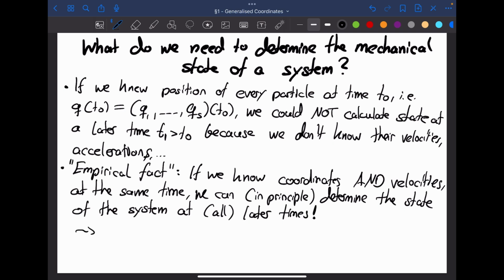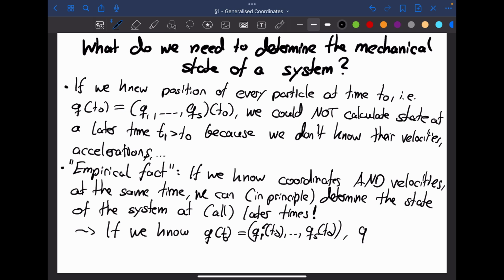So what this means is, if we know q of t, which again is like, let's say t0, which is like q1 of t0 up to qs of t0, all of them put into a nice vector, and similarly q dot of t, which is the same with the velocities, then we can calculate the acceleration, for example.